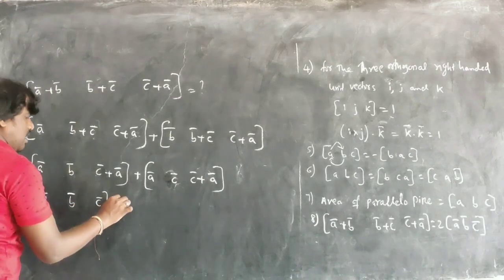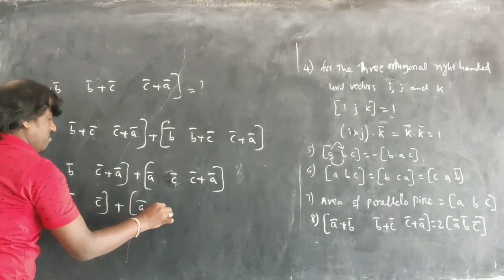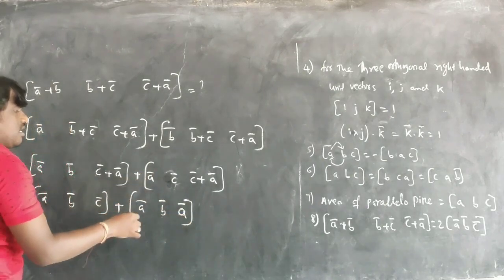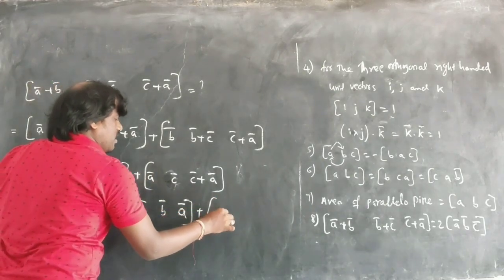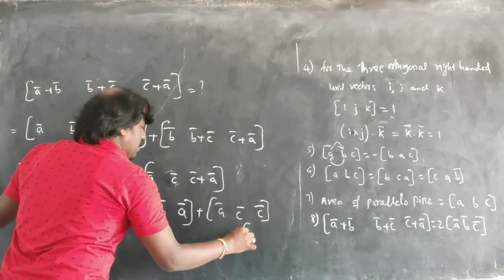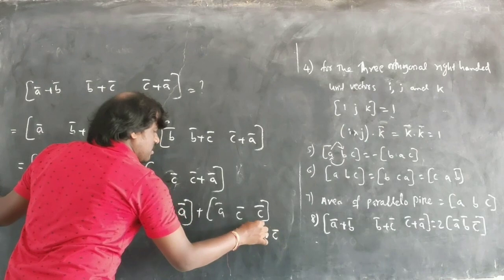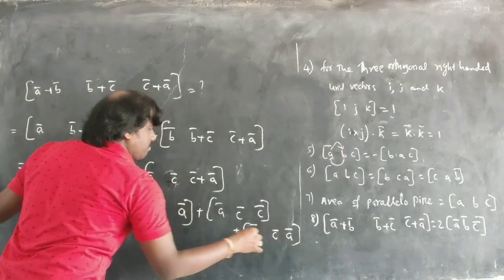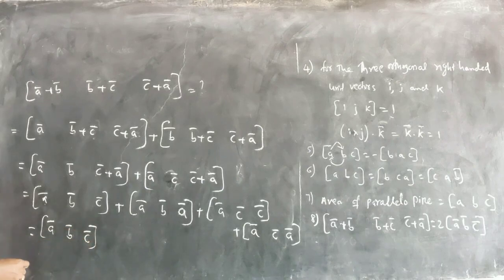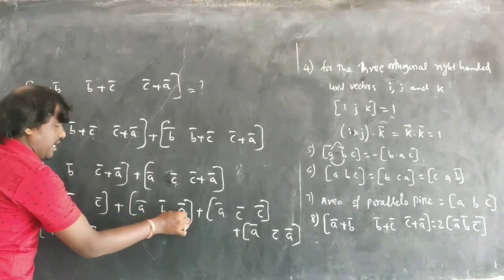Then I can write A vector, B vector, C vector, A vector. And here also I can write A vector, C vector, C vector, plus again A vector, C vector, A vector. I separated now. And now you know that box of ABC is the same, ABC only. There is no change of box of ABC. Box of ABA, this is 0.